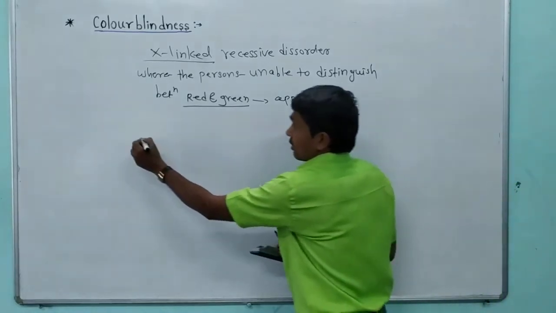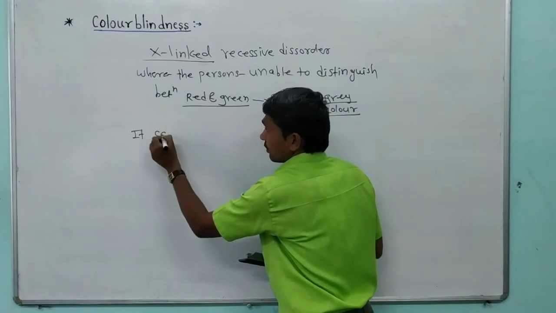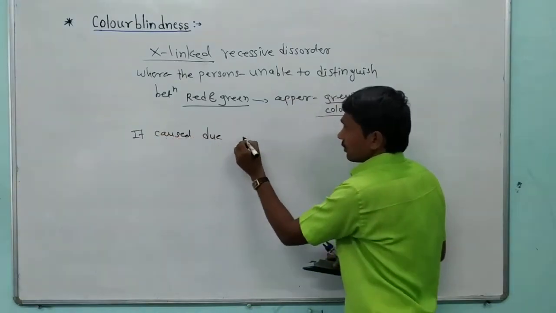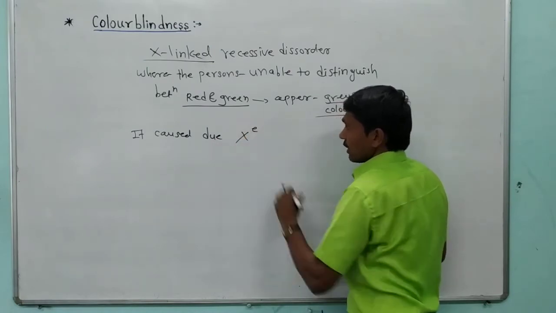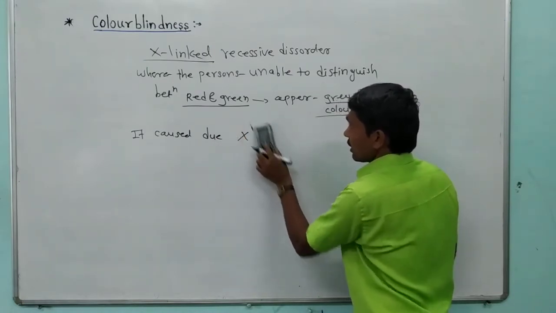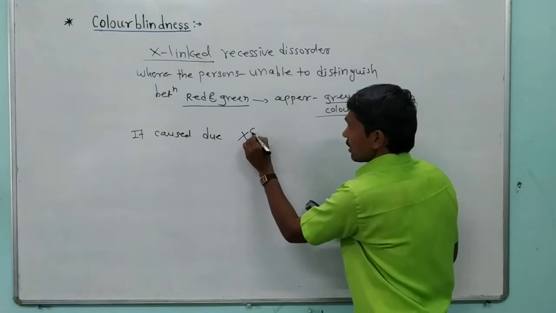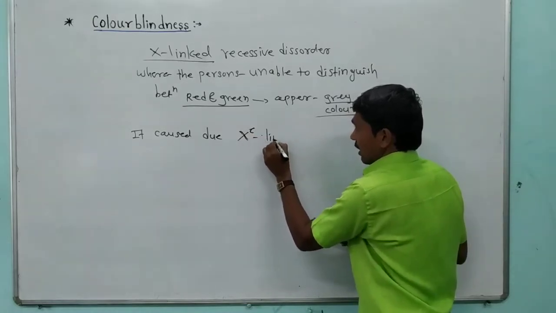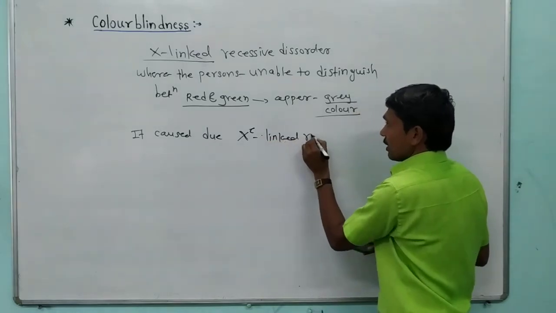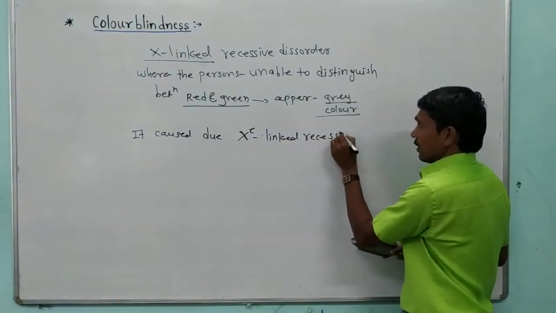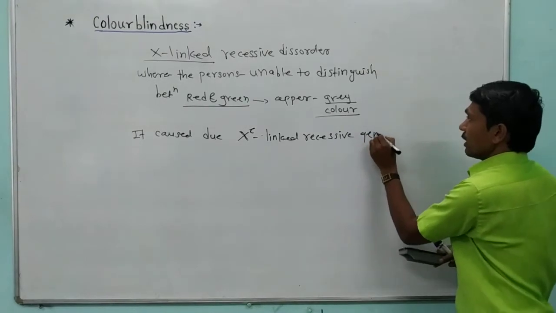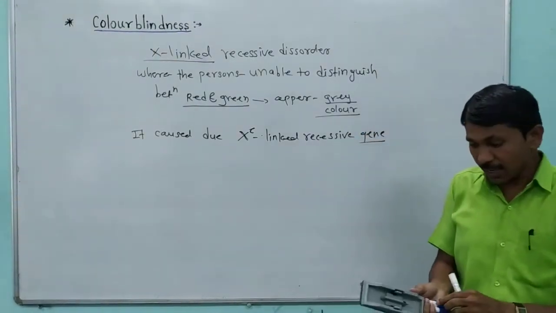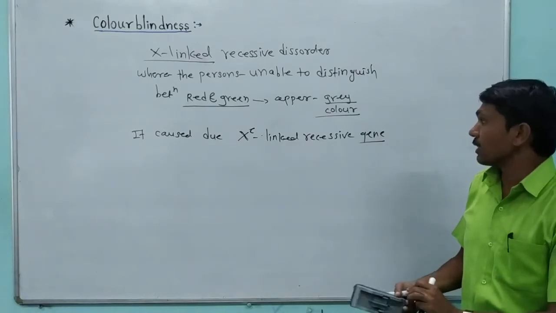It causes, महत्त्वाचं, it causes due to X small c, the X-linked recessive gene. मुळे हा डिसऑर्डर होतो. कोणत्या जीनमुळे? It causes due to the X-linked recessive gene.